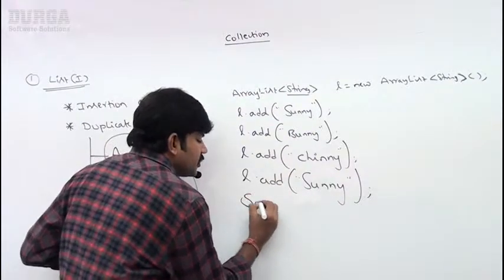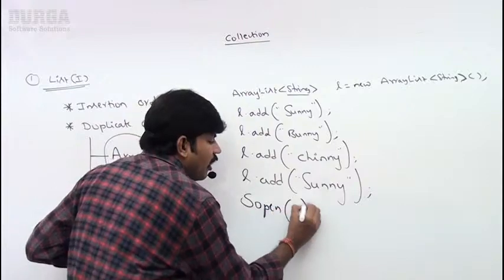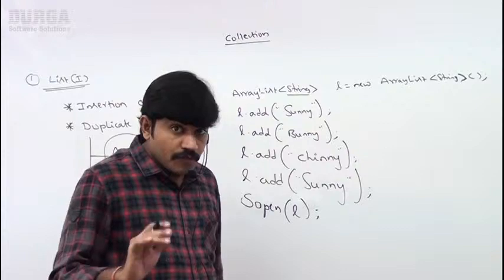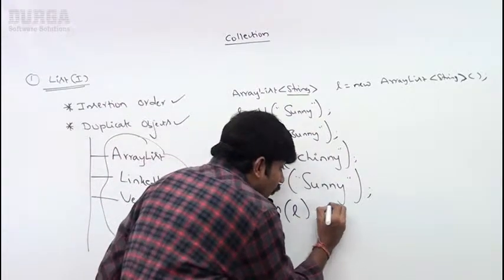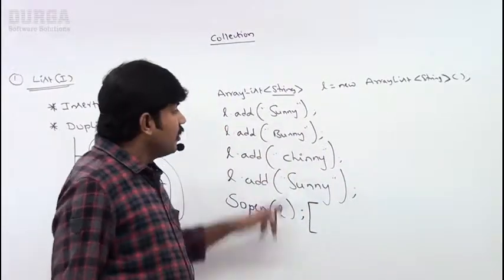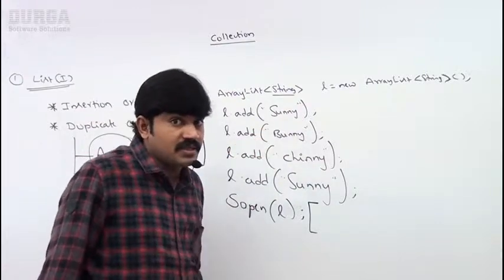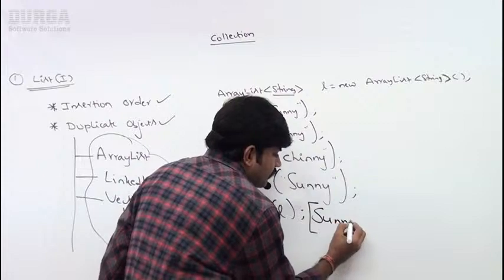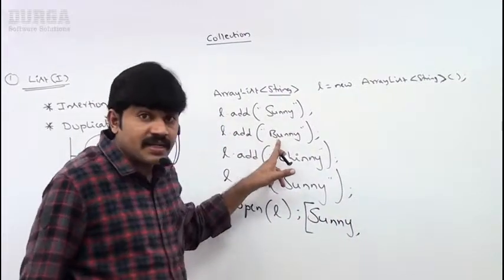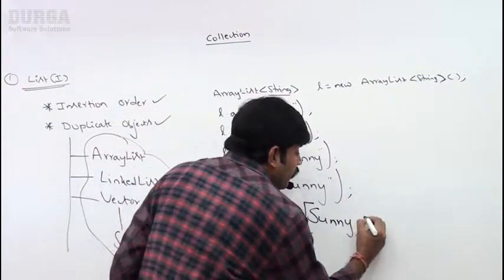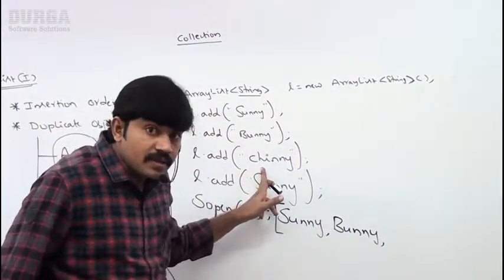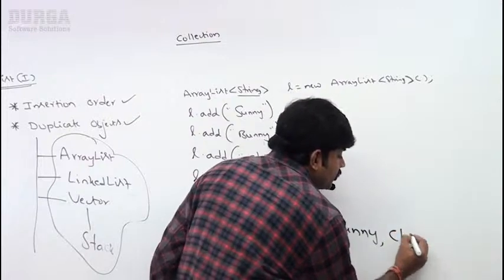Now System.out.println of l. Regarding SOP of l, what is the output by default we are going to get, sir? What is the first inserted object? Sunny. What is the second inserted object? Bunny. What is the third inserted object? Chinny.